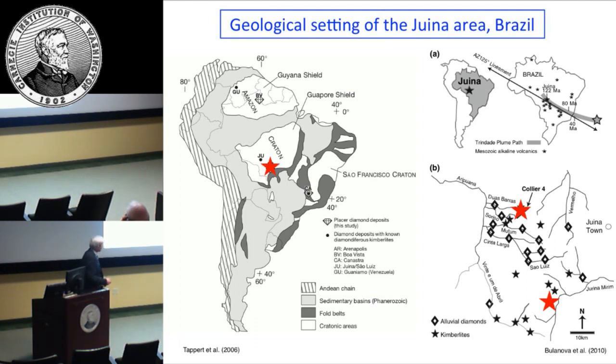And there's two localities where kimberlites are exposed, Collier 4 and Juina 5, and these are the only two kimberlites that have actually been found in place on this part of the Amazonian craton. There are many, many other kimberlites probably in the region, maybe 20 or 30, but they're buried, and they provide diamonds through river systems that are called alluvial diamonds. And so there's a lot of diamonds found here, but only two localities where diamonds are found in place at these two kimberlite pipes.